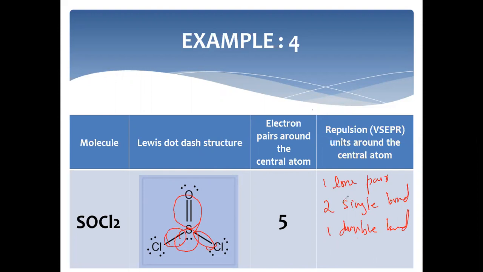So now you can say altogether 1, 2, 3, 4, so 4 repulsion units. Let's check.